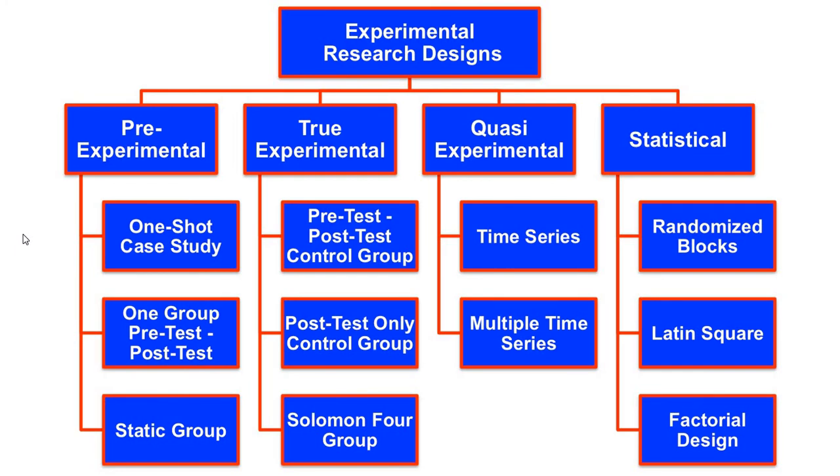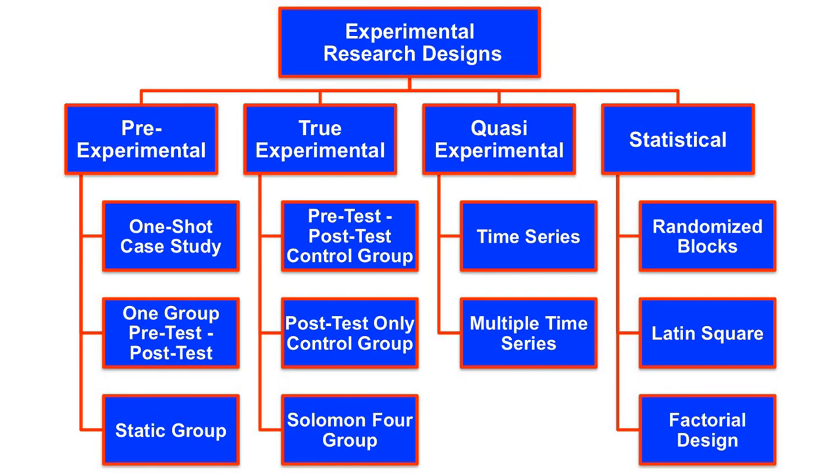Experimental research designs are categorized into four factors: pre-experimental, true experimental, quasi-experimental, and statistical experimental. Pre-experimental is categorized into three: one shot case study, one group pretest-posttest, and static group.